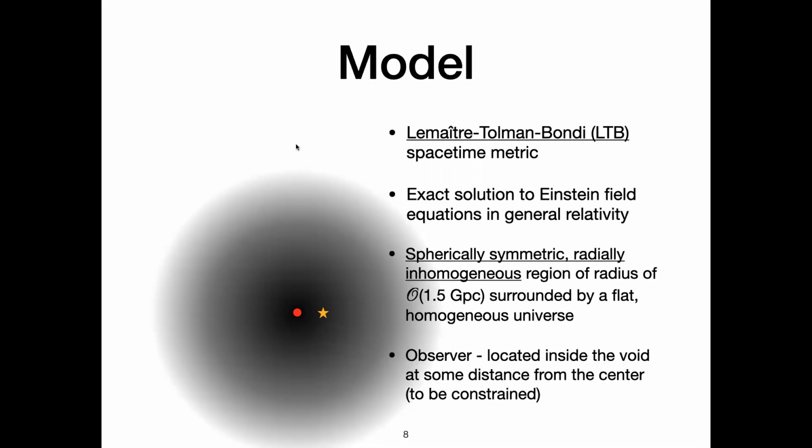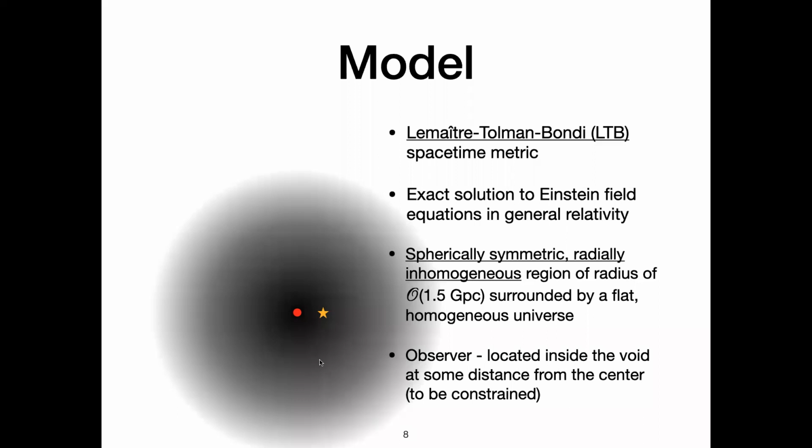This model breaks the first assumption, homogeneity, so this is a large region where, if we look at some point, we won't see the exact same thing as at some other point, on large scales of course. So 3 gigaparsecs is the size, which means a radius of 1.5 gigaparsecs, and that is pretty large.